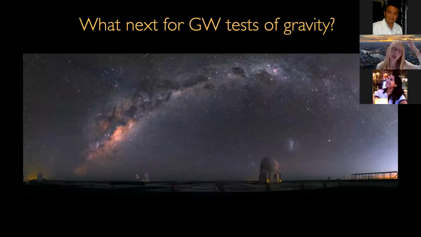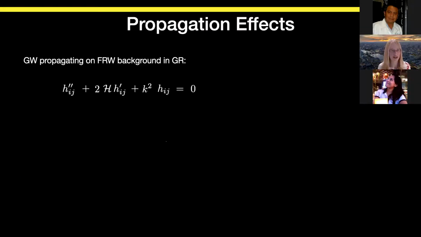Okay. So we are moving on to the 3rd and final section, which is what next? In order to talk about what next, I want to talk about gravitational wave propagation equations. This is something Jackson also touched upon at the end of his talk.